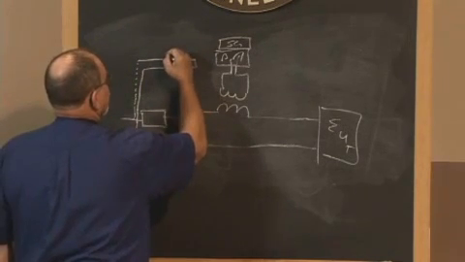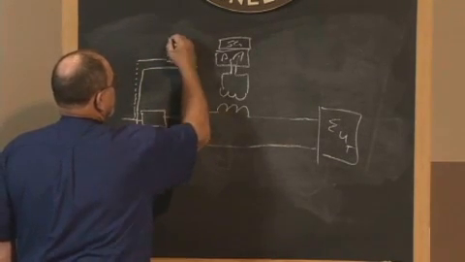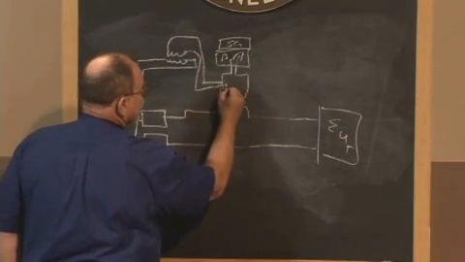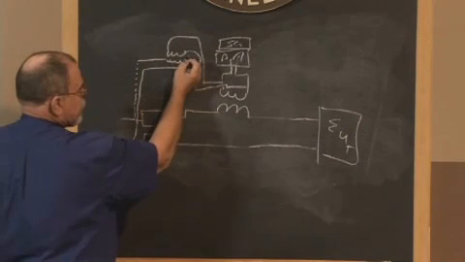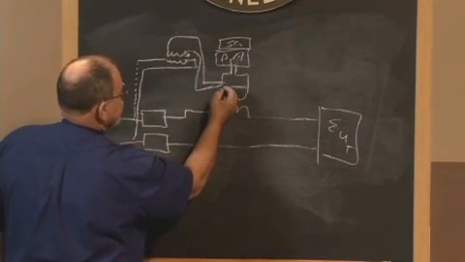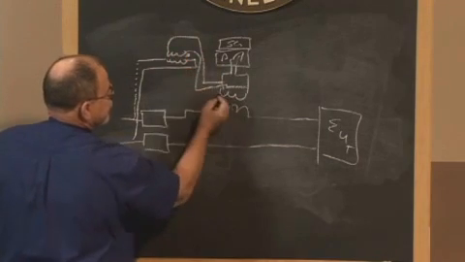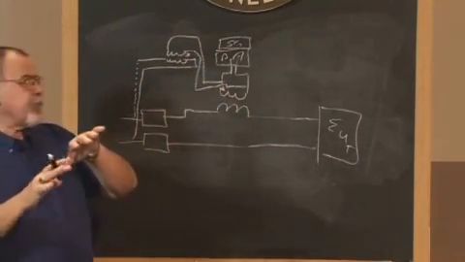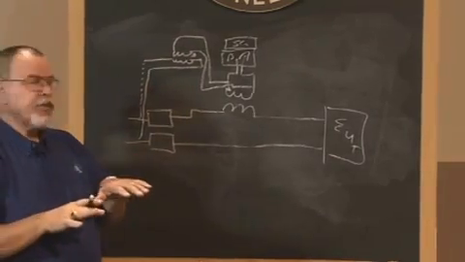And this transformer is brought from this, except we change the sense lines, so this one, which happens to be that sense, is opposite of that one with the sense winding. So these circuits are now 180 degrees out of phase.